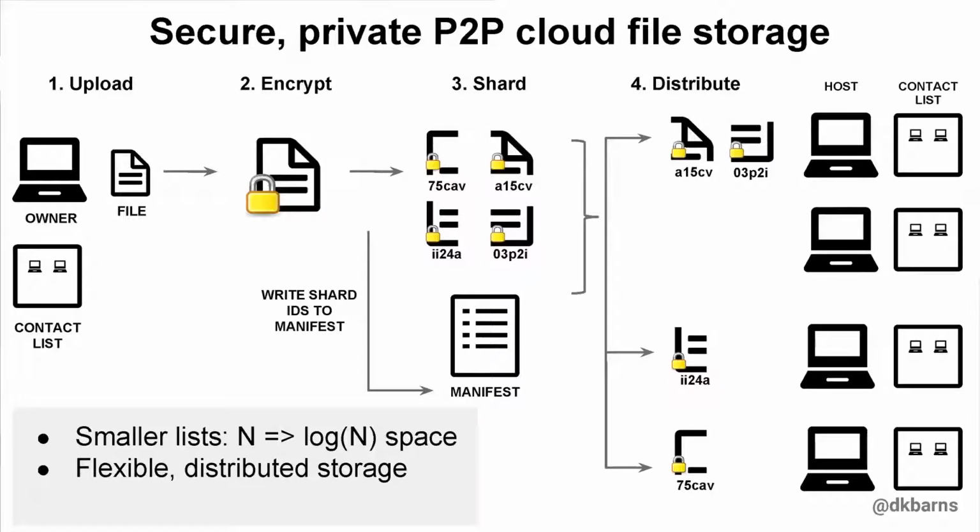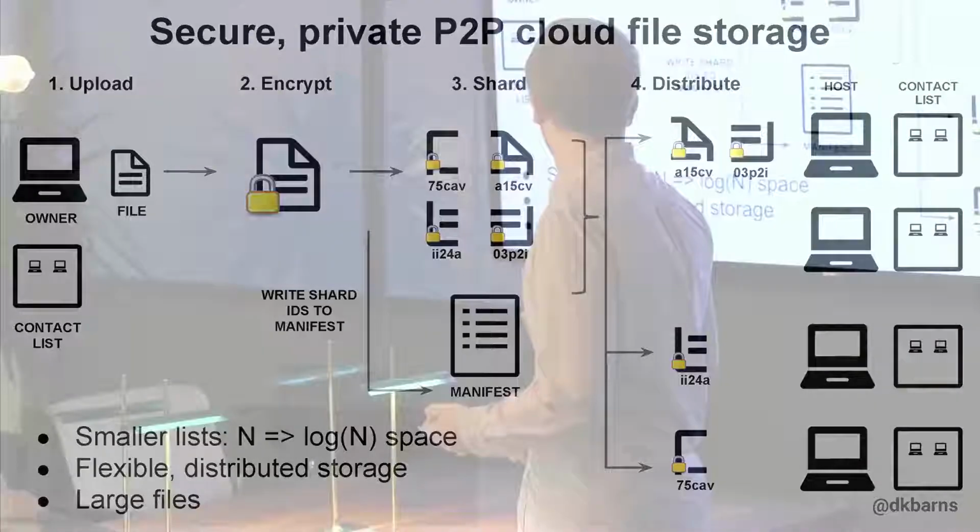And that, in turn, has allowed us to store large files on the network. So uploading a movie file is now at least feasibly possible, where it was previously going to be very, very unreliable. So we've come a long way from our super simple, super ineffective system that we created earlier.